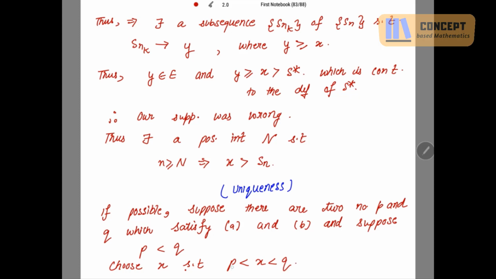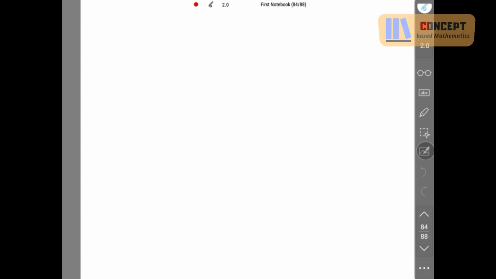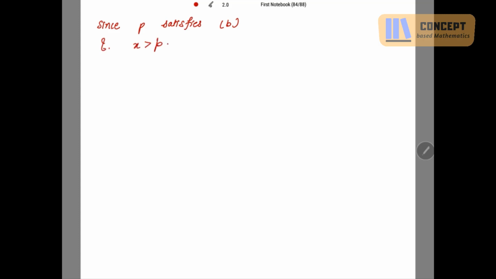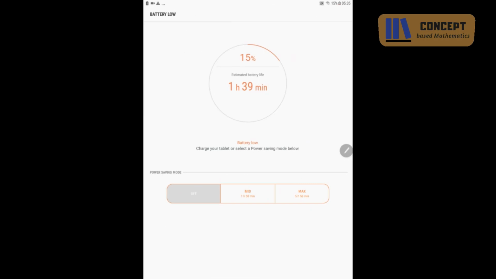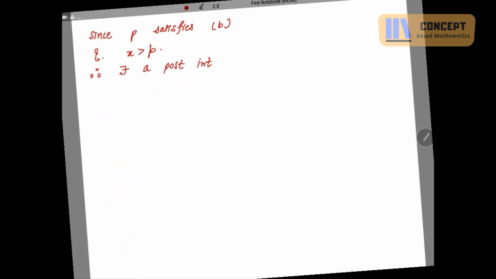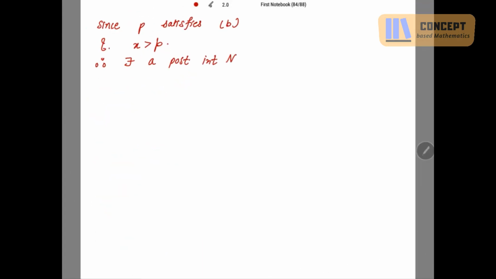Now, P satisfies B, which means X should be greater than P, because both numbers satisfy A and B. Now, P satisfies the B part, and X is strictly greater than P. So therefore, there exists a positive integer n such that X is greater than Sn for n greater than or equal to n.